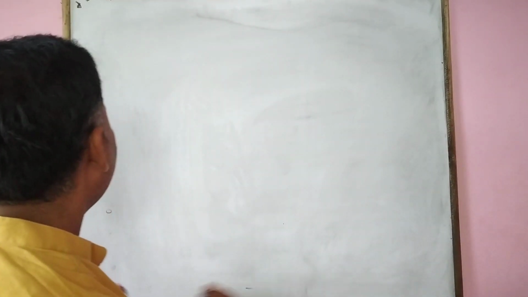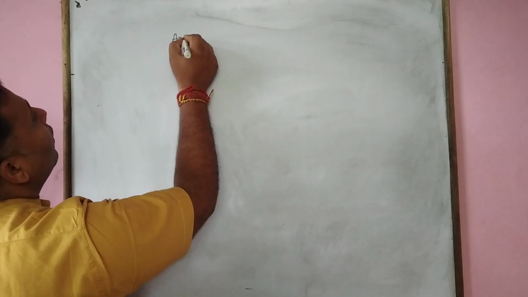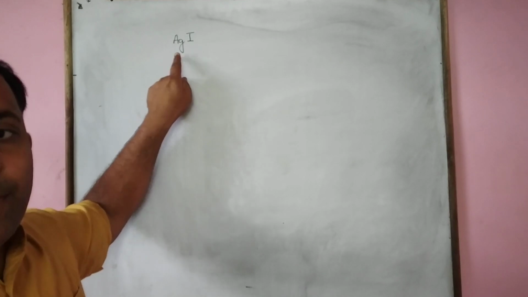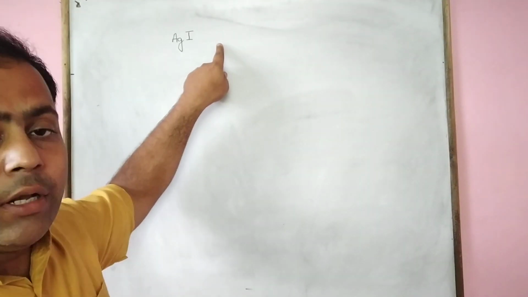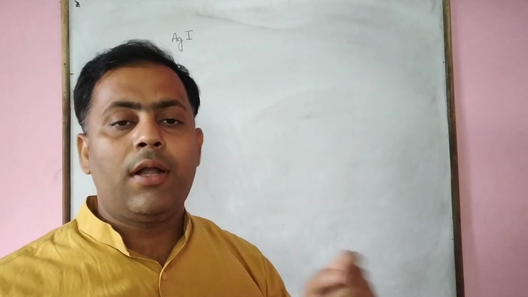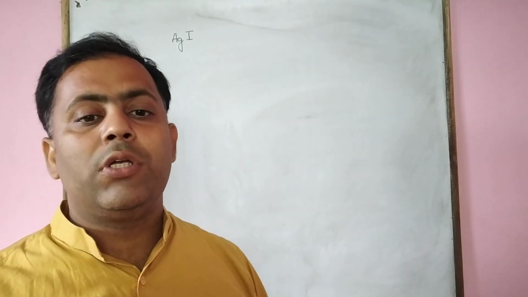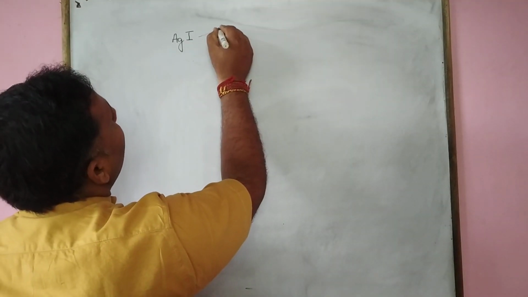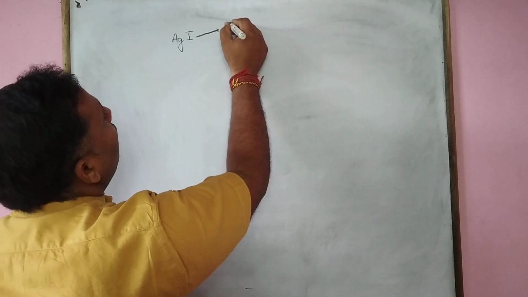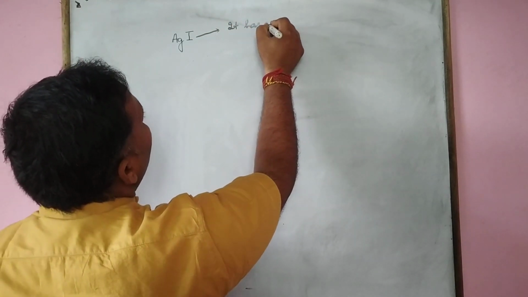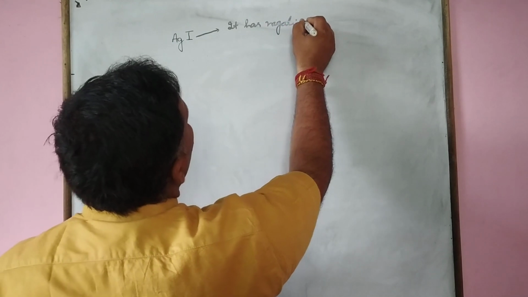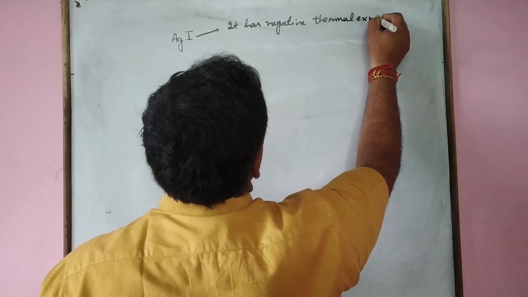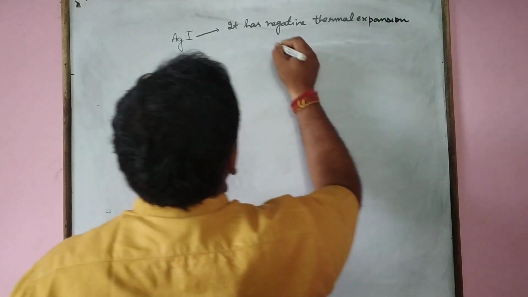For example, in case of silver iodide, AgI, it has negative thermal expansion coefficient in one direction, whereas it has positive thermal expansion coefficient in other direction.